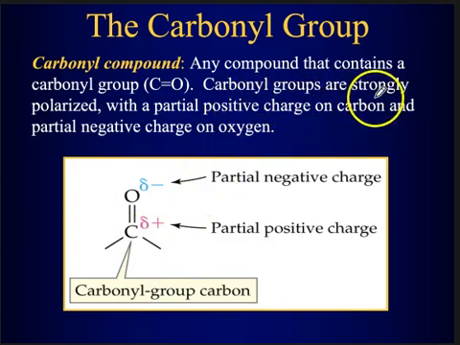So these are strongly polarized with a partial positive and partial negative charge. So anytime we have a partial positive, partial negative charge, that is going to make it a very reactive site. So there's going to be a lot of chemistry going on in this carbonyl carbon compound.